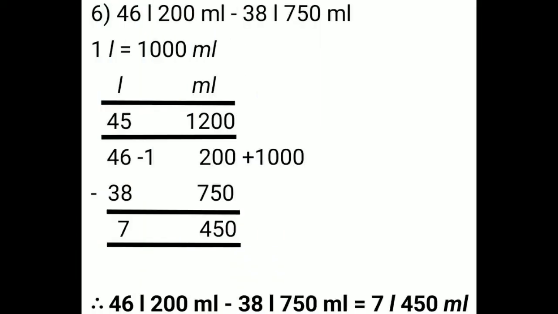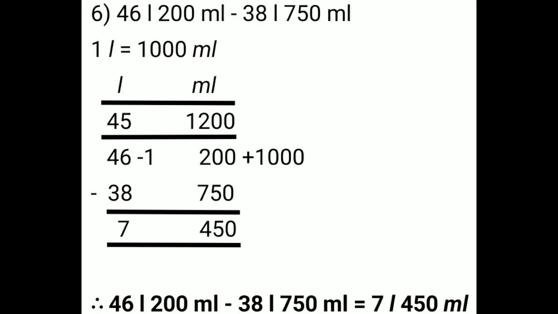Sum number 6: 46 liter 200 milliliter minus 38 liter 750 milliliter. First, we will note down the relation between liter and milliliter. Therefore, 1 liter is equal to 1000 milliliters. Then we begin with the subtraction.